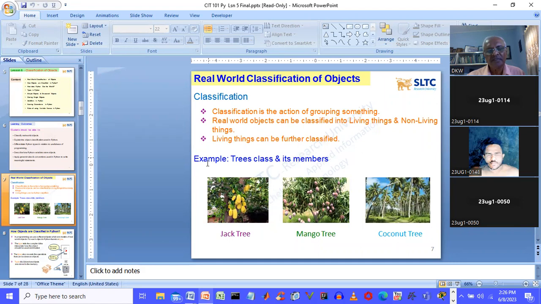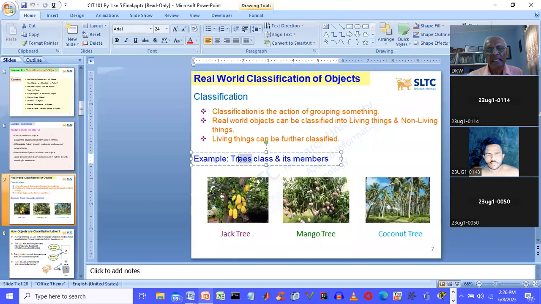Okay, take this scenario. You will find three categories of trees, but they belong to the category called tree. Trees are grown on the earth, which is one property. Trees bear a trunk, which is another property.